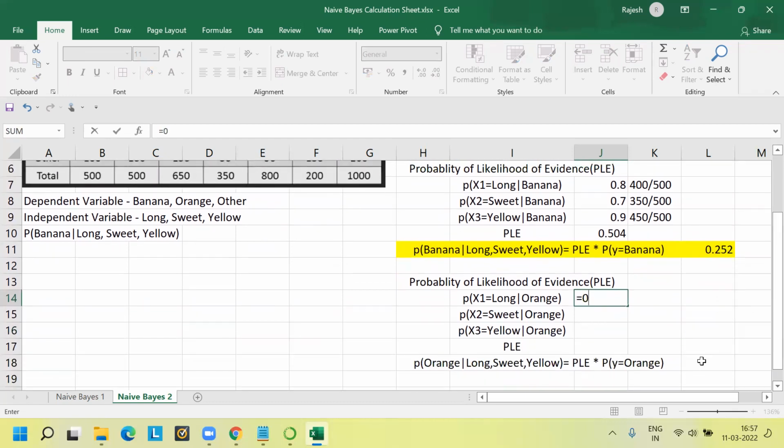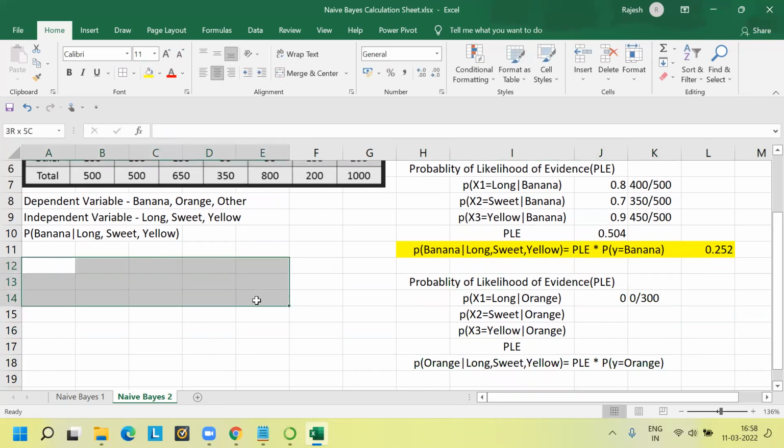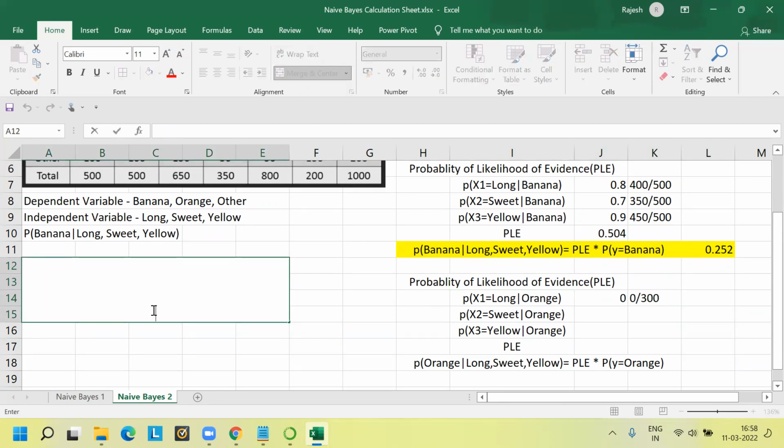Zero divided by 300, right? Now there is something called Laplace correction. Laplace correction is used when a probability becomes 0.